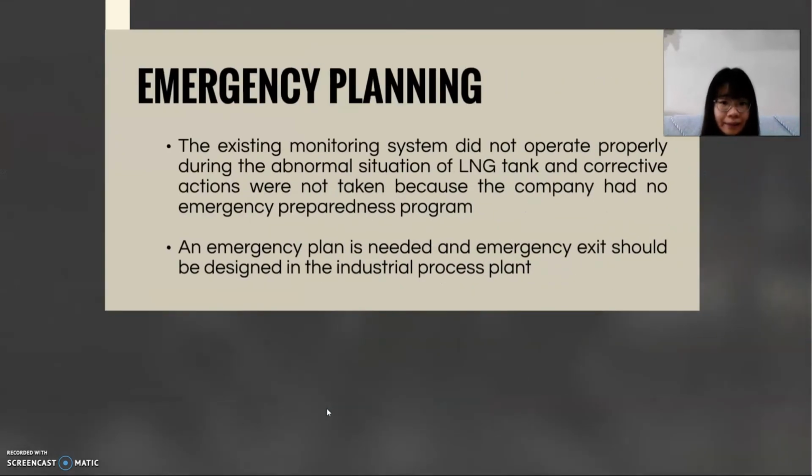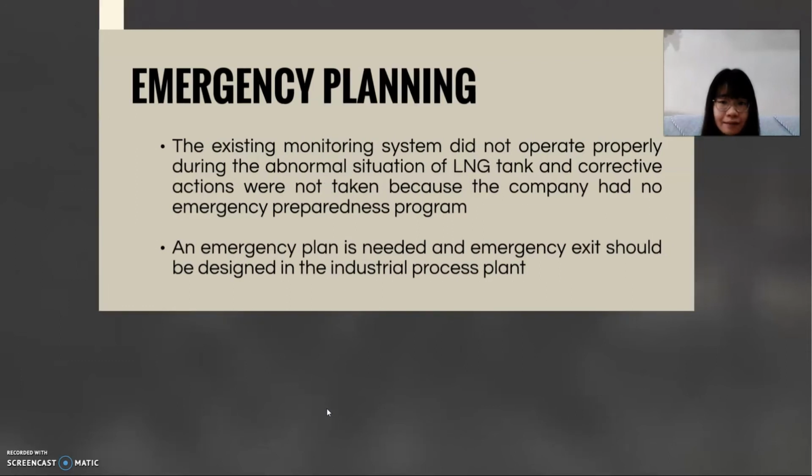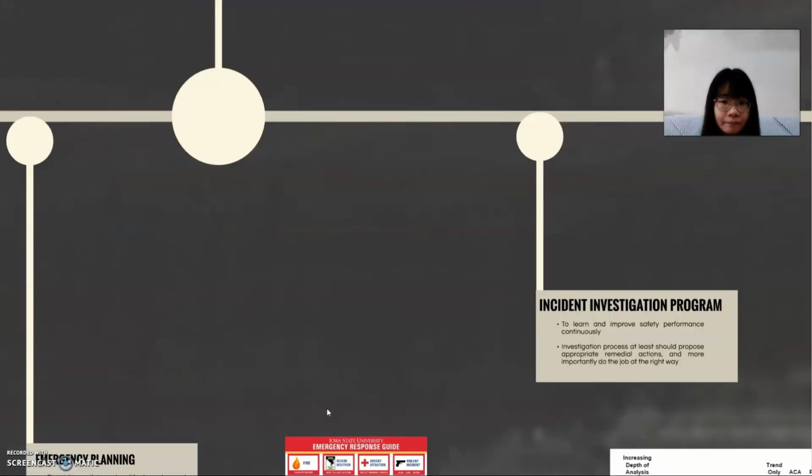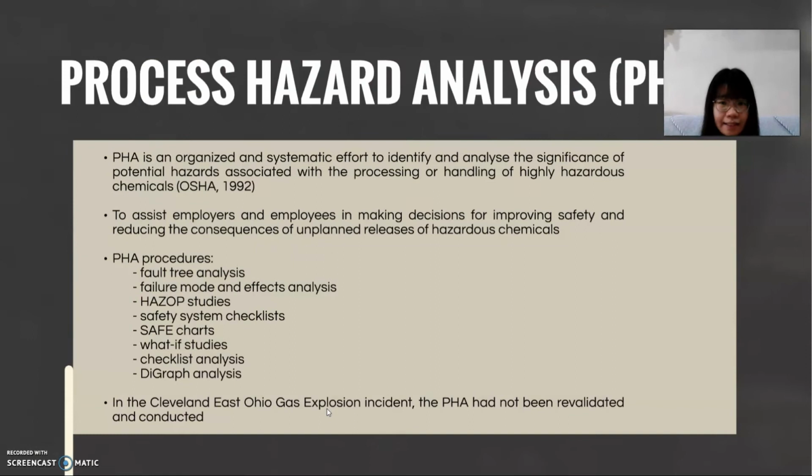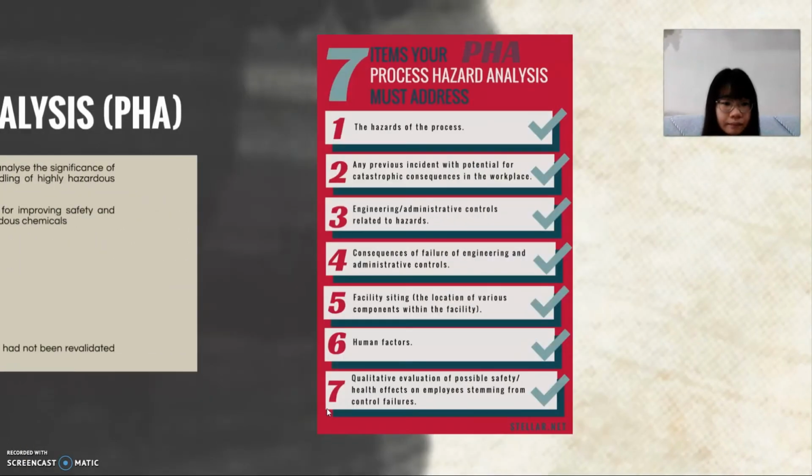Emergency planning is needed, and emergency exits should be designed in the industrial process plant. The process hazard analysis (PHA) should be carried out to identify and analyze the significance of potential hazards associated with the processing or handling of highly hazardous chemicals.